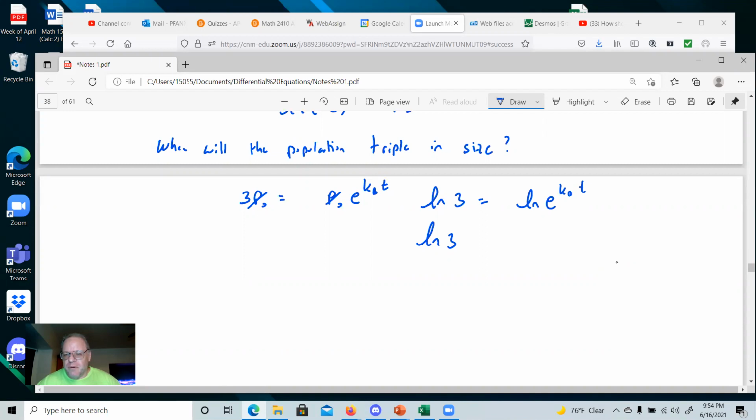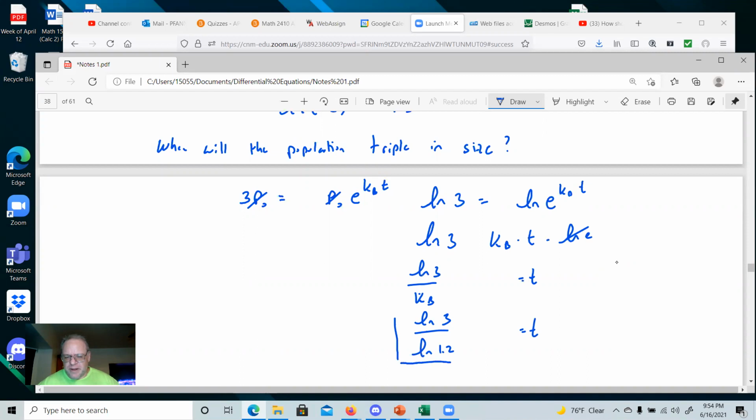Both of these things are going to come down, so we have k sub b times t times the natural log of e, which is 1. And then t is equal to the natural log of 3 over, what was k sub b? k sub b was the natural log of 1.2.